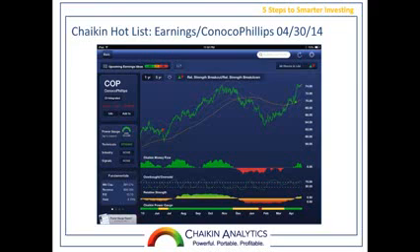Again, this doesn't work all the time, but it works often enough that it gives you a bit of an edge. So very often investors who are confident that a stock like ConocoPhillips in a strong industry group will report better than expected earnings will add to their positions ahead of that earnings report.